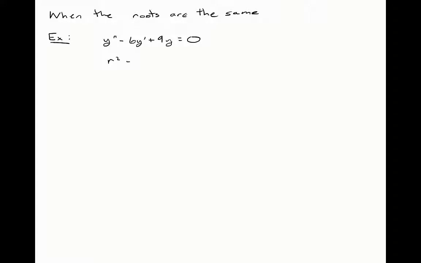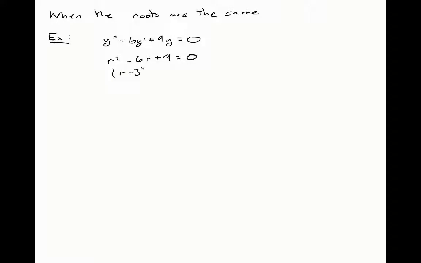So sometimes what will happen is that both of your roots will come out to the same number. Another way of saying this is that there's only one root. Let's look at an example where that could happen. That's a double prime. Somehow it came out looking like a pi. Okay, we write our characteristic equation.